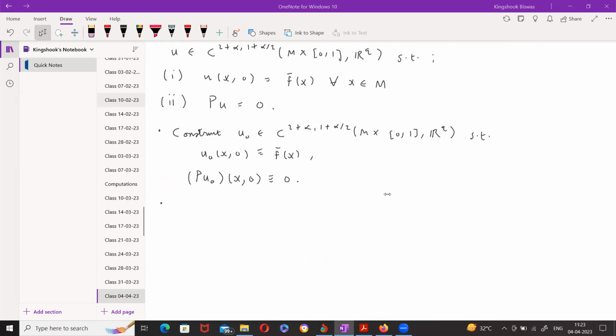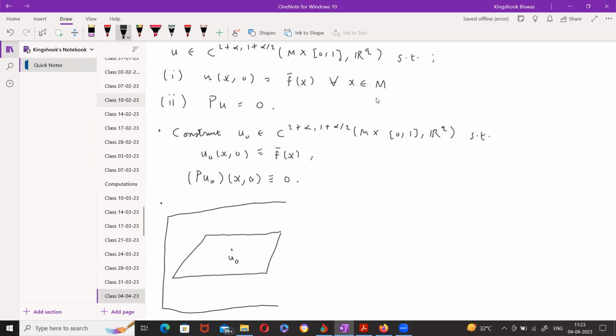And then what you do is you consider an affine subspace of the space of the full Holder space. So the full Holder space looks like this.